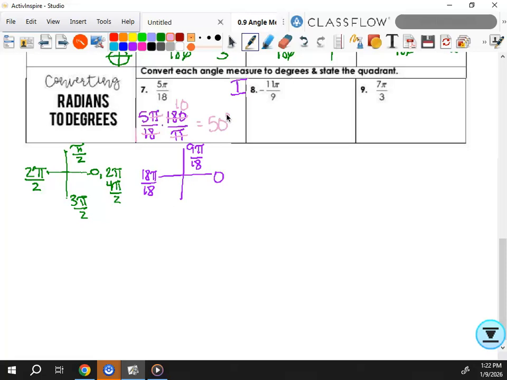All right. So now let's look at negative 11 ninths. So that means this would be 9 pi ninths, right? This could be 0. And it's negative, so if I start here, whether I go positive 9 pi ninths that way or negative this way, I can just make it negative, that's fine. So if this is negative 9 pi ninths, where do you think a negative 11 pi ninths is?